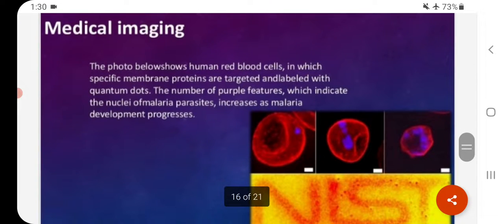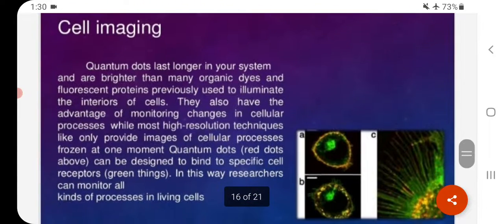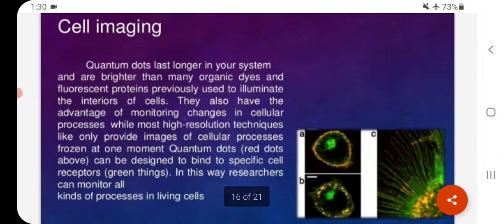In medical imaging, the photo below shows human red blood cells in which specific membrane proteins are targeted and labeled with quantum dots. The number of purple features, which indicate the nuclei of malaria parasites, increases as malaria development progresses. Cell imaging: quantum dots last longer in your system and are brighter than many organic dyes and fluorescent proteins previously used to illuminate the interiors of cells.